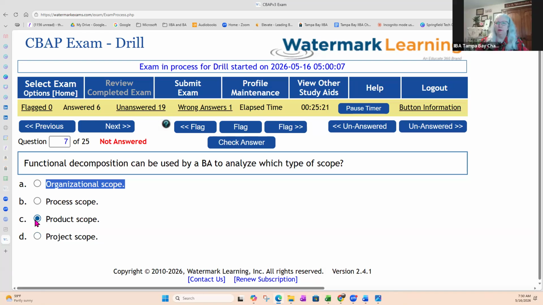So I would say the product scope is the correct one, because decomposition is on the functional requirements. Okay. So if it's on the functional requirements, that's going to be in the project, right?